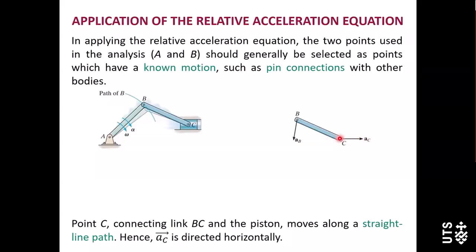So at point C on link BC, the acceleration should be exactly the same. It's horizontal. But how about point B? Why should the acceleration of point B have this direction? How can we get this direction?